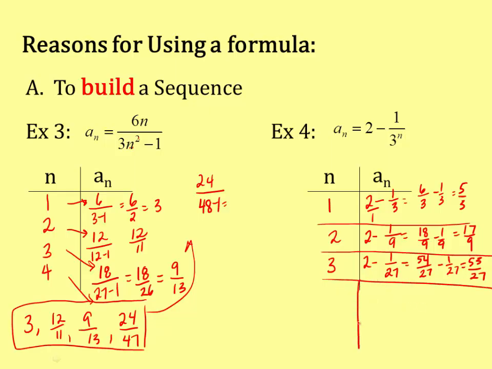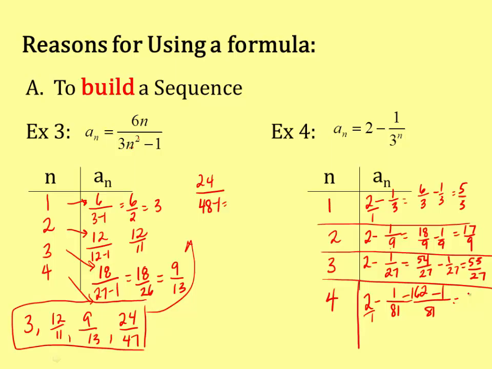So if I extend my table one last time, 2 minus 1 over 3 to the fourth. Well, I have 3 to the first, squared, cubed, the fourth, so 27 times 3 is 81. So common denominator again, 81 times 2 is 162 minus 1.